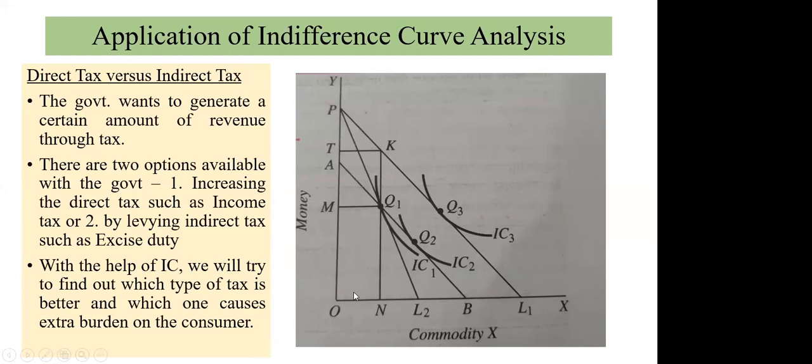So if the price line was still PL1, then to buy this ON quantity of commodity X, he would have paid only PT amount of money. So this PM minus PT, which is equal to MT, or Q1K, is the amount of indirect tax.